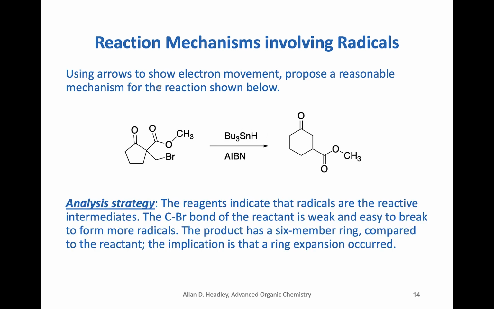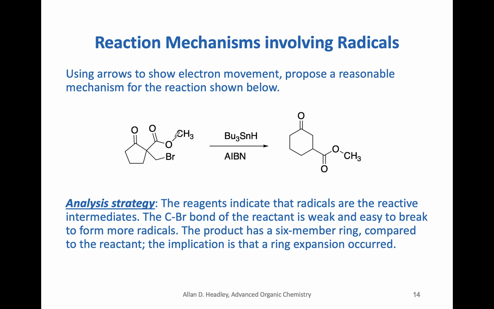Okay, let's look at mechanisms in a little more detail. So here's a question. Using arrows to show electron movement, propose a reasonable mechanism for the reaction shown below. So you will see questions like this on your exams, just to make sure you apply your analytical thinking and your knowledge of radicals and their reactivity.